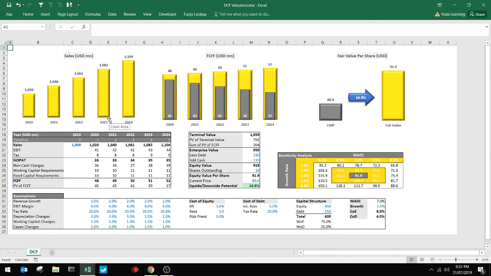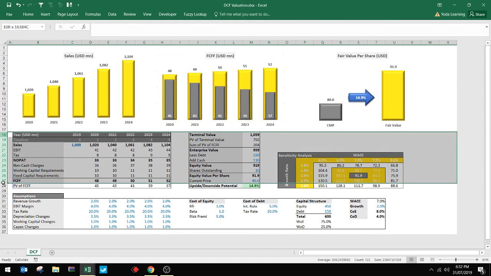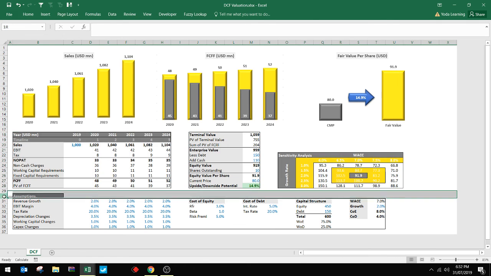So there you have a different structure of a compact DCF model where you've got the charts in the first section from row 1 to row 16. You've got the calculations for FCFF, WACC, cost of equity, cost of debt, and a sensitivity analysis table. And finally, you've got your assumptions.